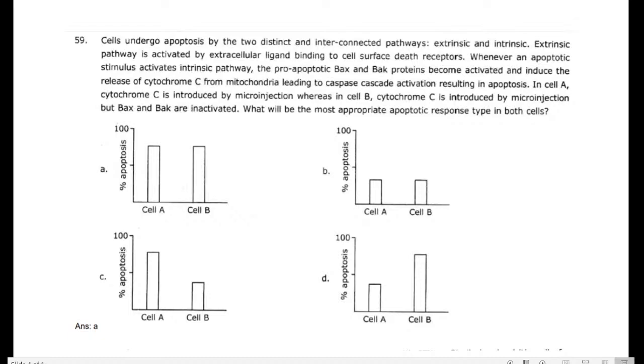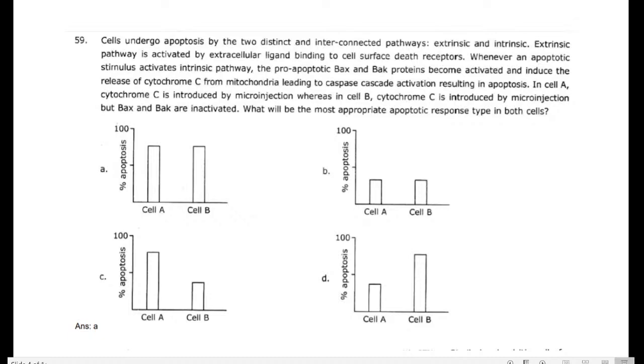In cell A, this is the prior information for you, what we have read till now. The cell has two pathways, extrinsic and intrinsic. In the extrinsic pathway, an extracellular protein attaches on the surface. Externally, some compound, that may be a drug or a signal, attaches on the extracellular receptor. That attachment makes the intrinsic pathway activation.